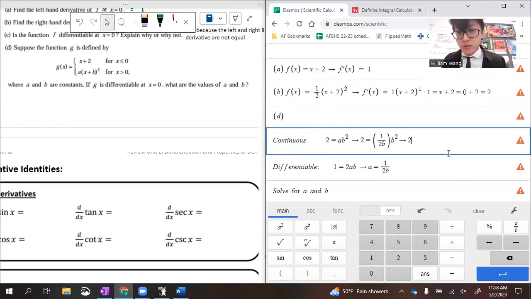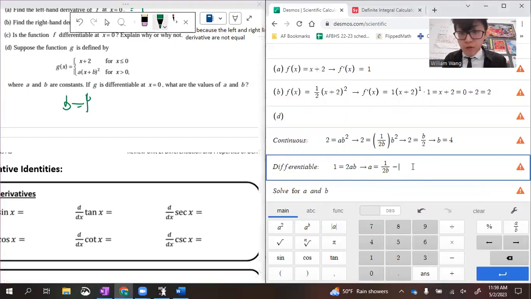All right, that means 2 is equal to 1 over 2. The b squared in the numerator and the b in the bottom means I'm left with just a b on top, which means b is equal to 4. All right, so b is equal to 4.